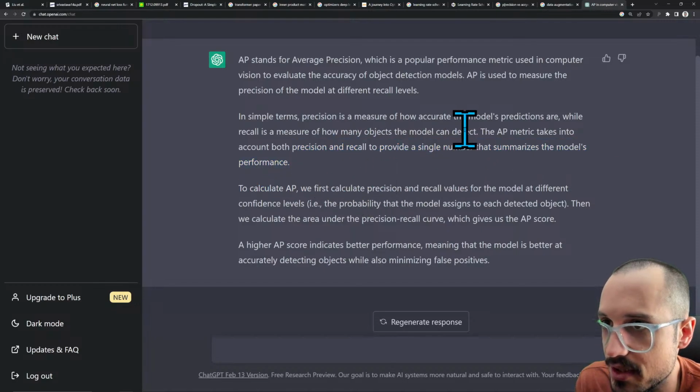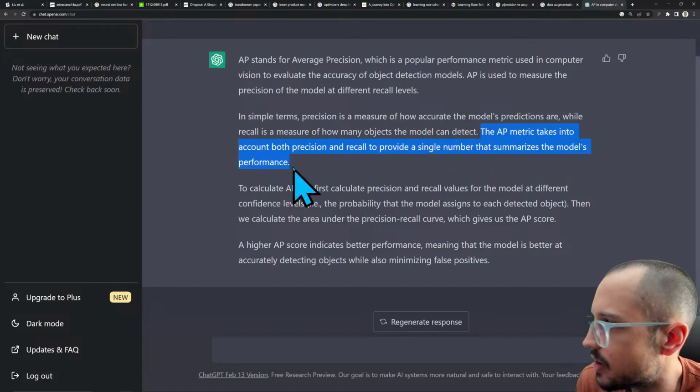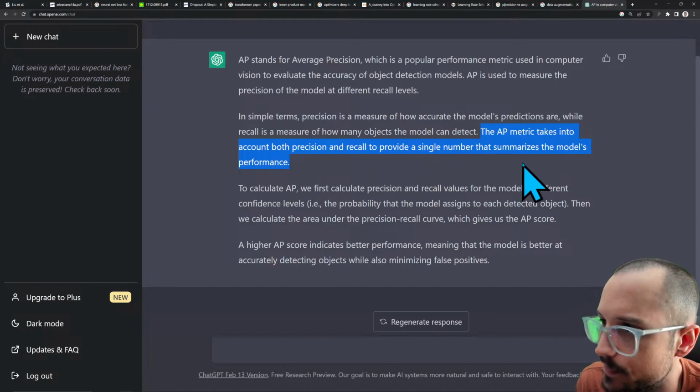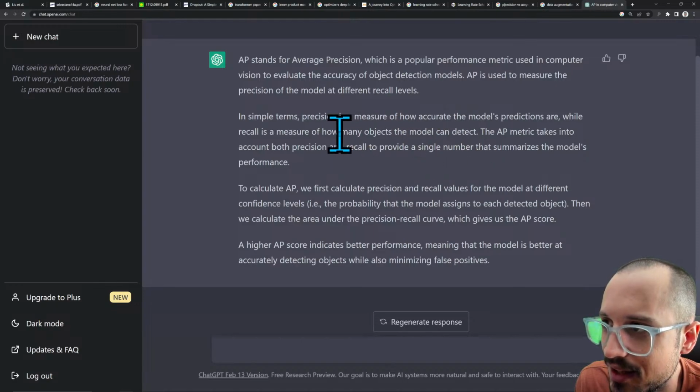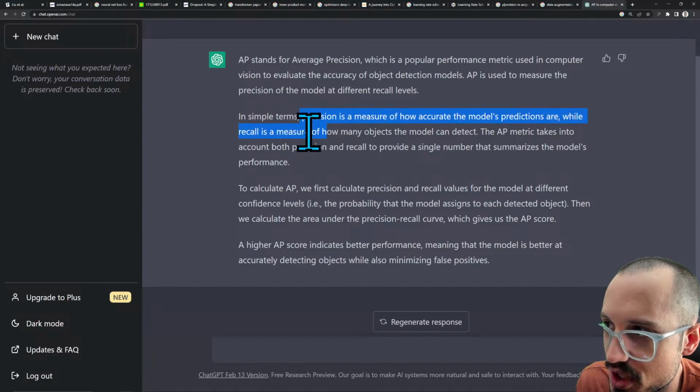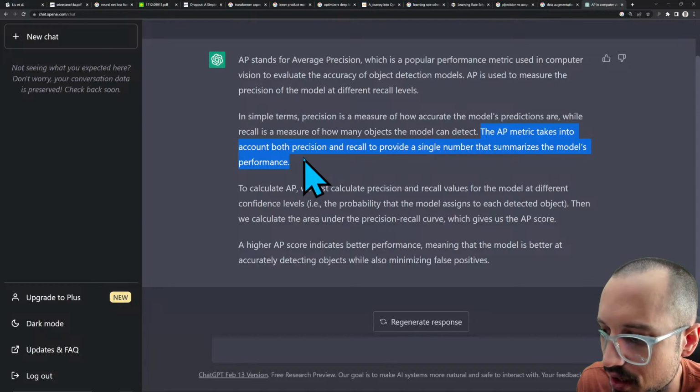Yeah, and I think this is what you're getting to, Theo, is that there are certain applications where precision is more important, and certain applications where recall is more important. By combining both precision and recall into this combined metric of AP, you're losing the specificity of what a metric is supposed to give you.